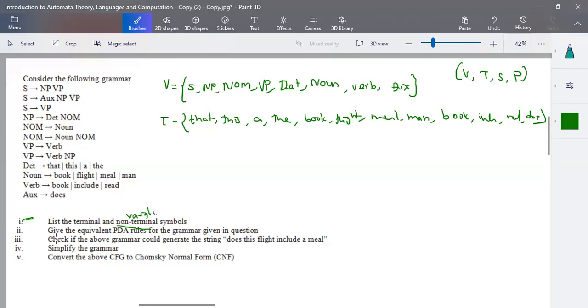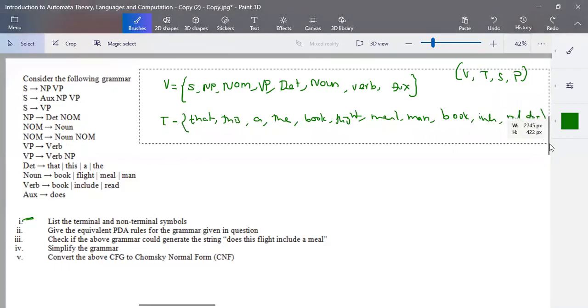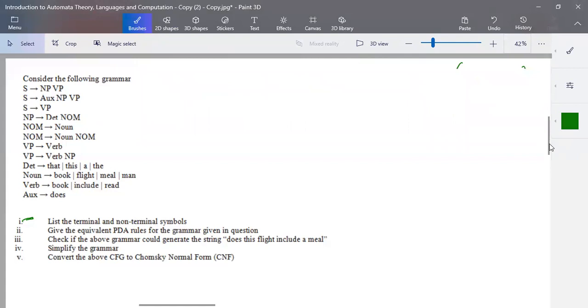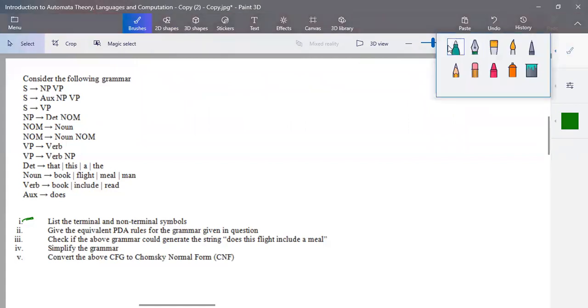The next step is to give the equivalent production rule for the given grammar. When you want to write a production rule for these kinds of grammars, it is better to go with the CFG, context-free grammar, to PDA rule. We need not follow all those steps, like assuming what happens and drawing transition functions.